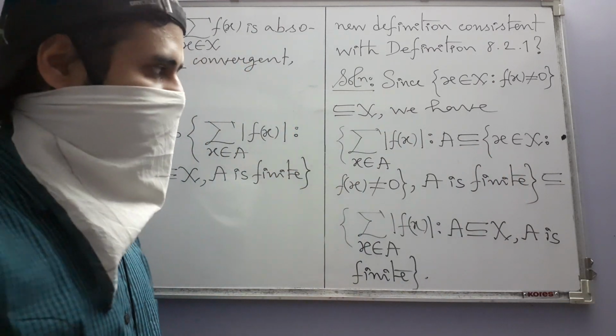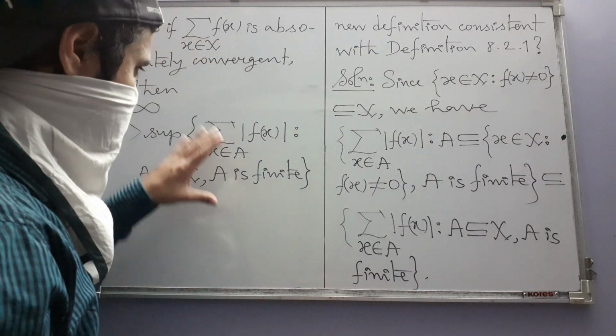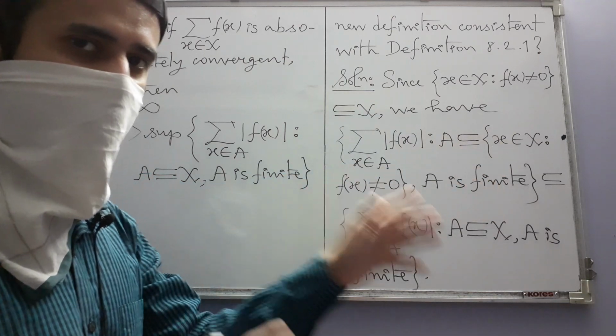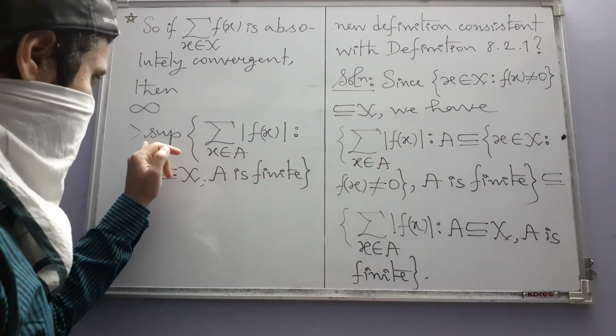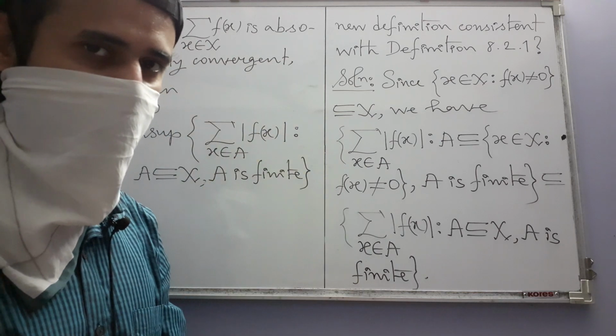So then can we say something about the least upper bound of this set? This is one upper bound of this set. So the least upper bound of this set will be less than or equal to this, which is some upper bound.